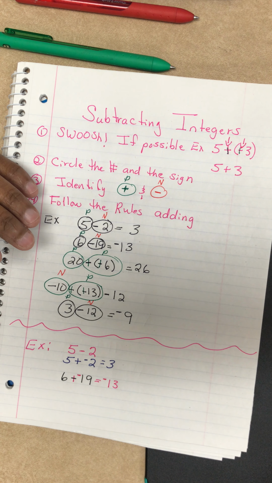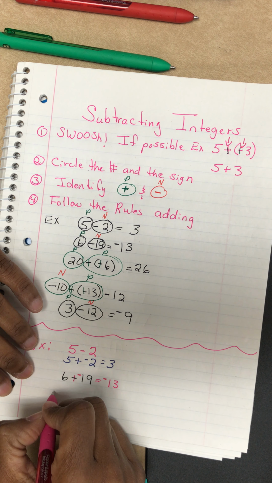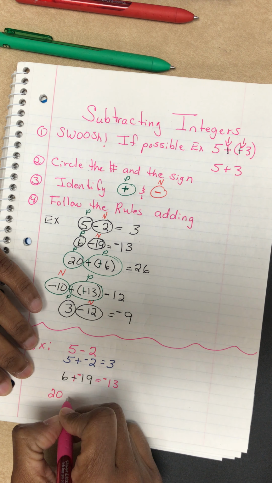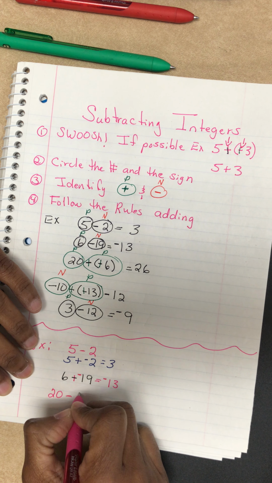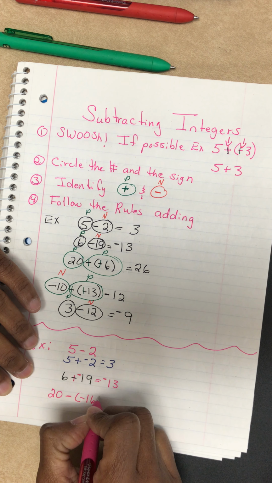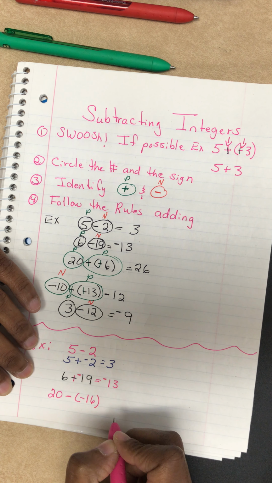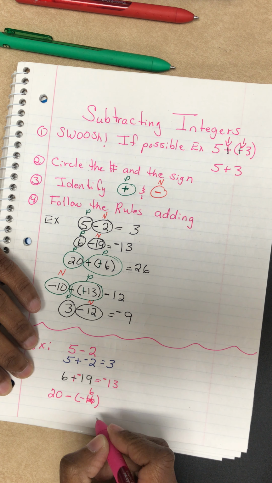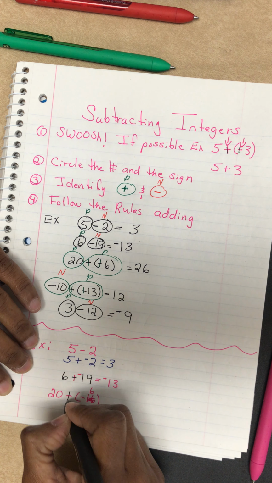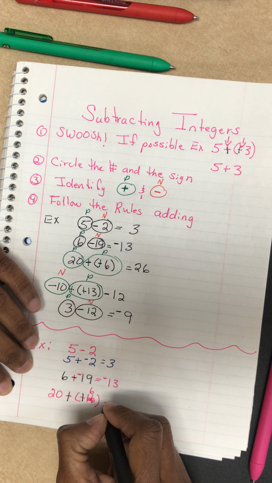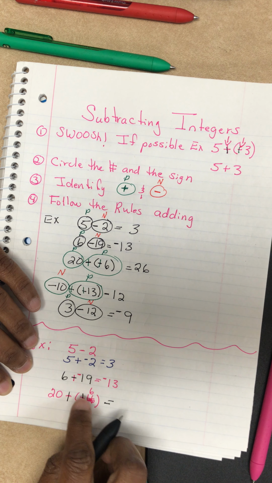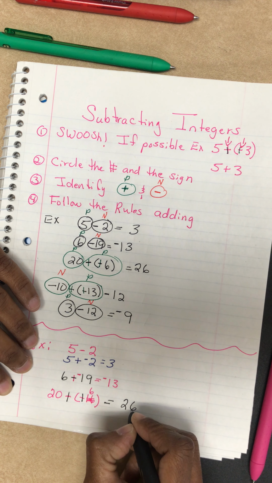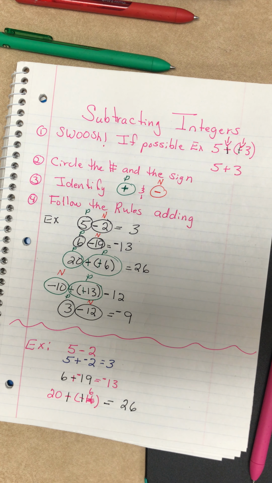One's just you're adding its opposite. So if we do 20 minus negative 6. Oops, I wrote 16. Sorry, y'all. So what you're going to do is add its opposite. Add a positive 6. So 20 plus 6 is 26. That's just two ways that you can do it.